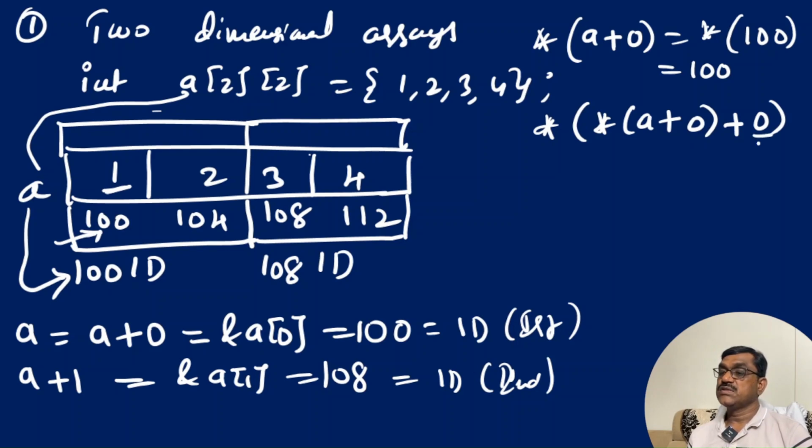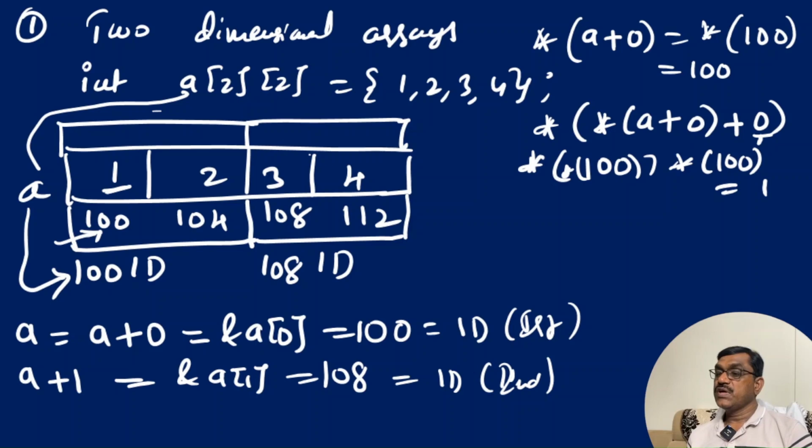That's why we are taking the subscript here as 0. How to access this value? Star of a plus 0, how much? Already we know, here I am writing star of 100. This is 0. So here we are getting again 100. That means star of 100, here it is 1.